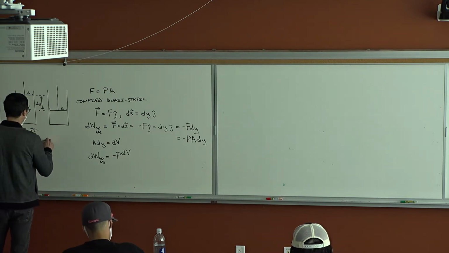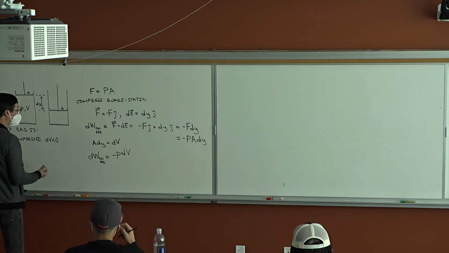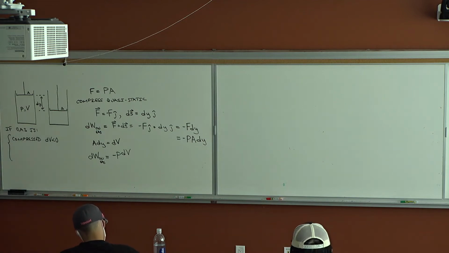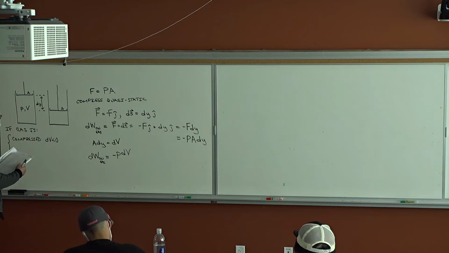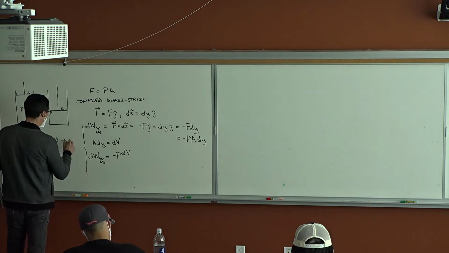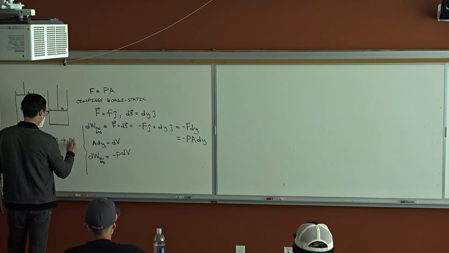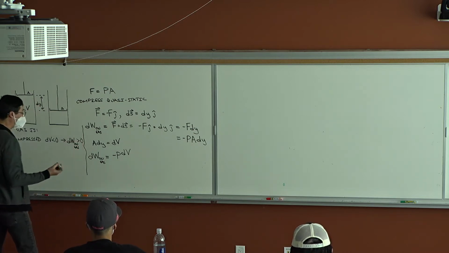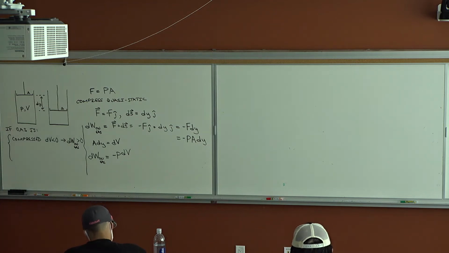Negative. dV is less than 0, it's negative, right? And so what does that say about the work done on the gas? It's positive. Work done on the gas is then positive, yeah?